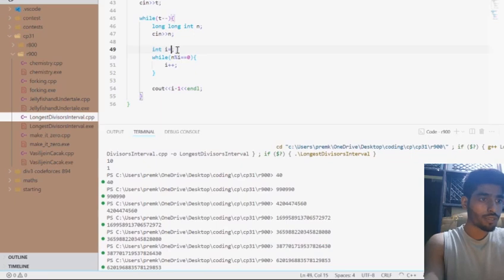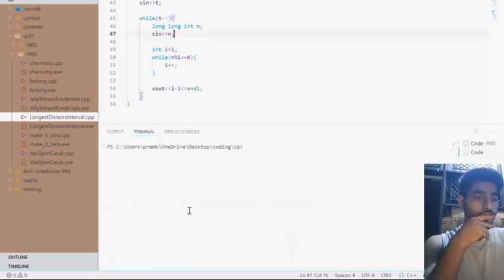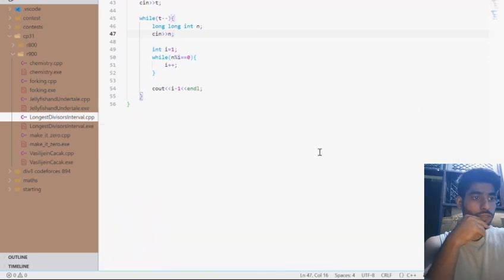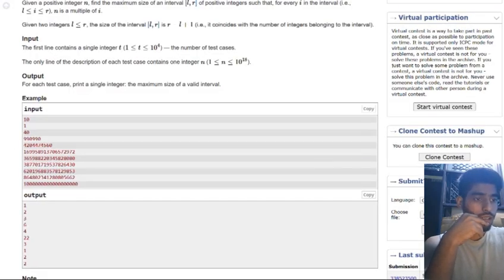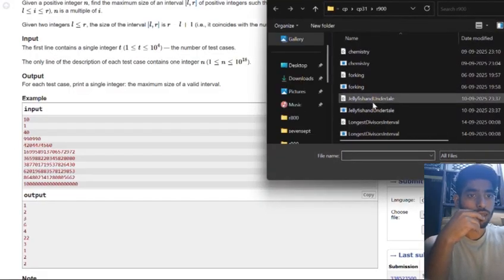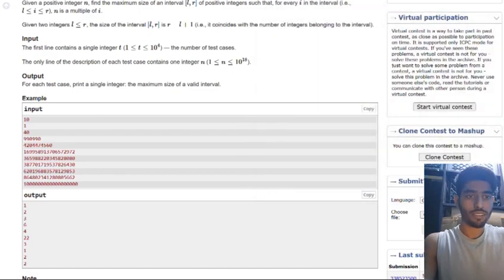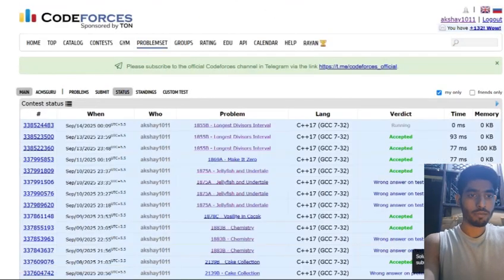Longest Divisor Interval, submit. Yeah, accepted. So this is quite an easy problem. That's it. Thank you for today. Let's meet up next day.